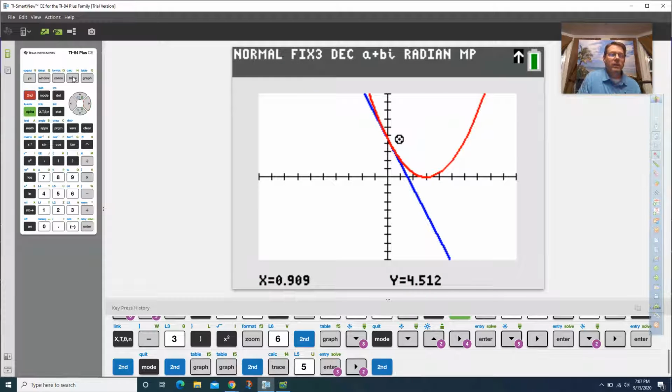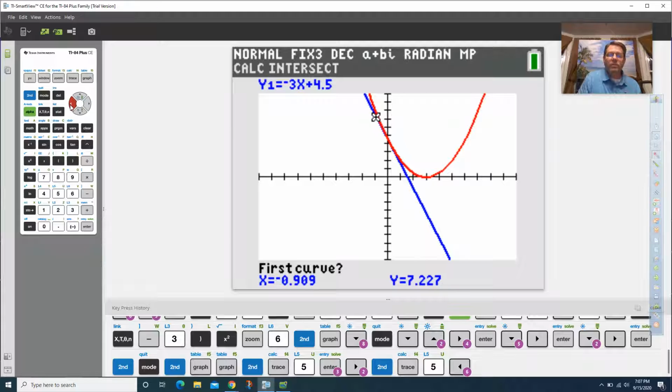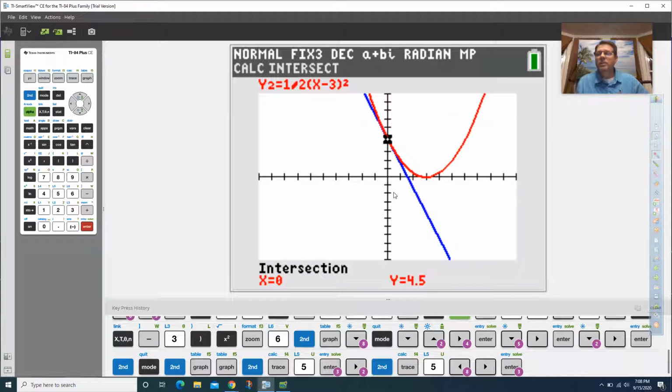Whoops, second, calc, 5. Let me try this again, but this time I'm going to move my cursor over here some, because it looks kind of like it crosses there in two places or something, maybe. With the graphics, it's hard to tell. It's not going to happen, but it doesn't hurt to double check. So we can enter, enter, enter, and again, we still get that same point.